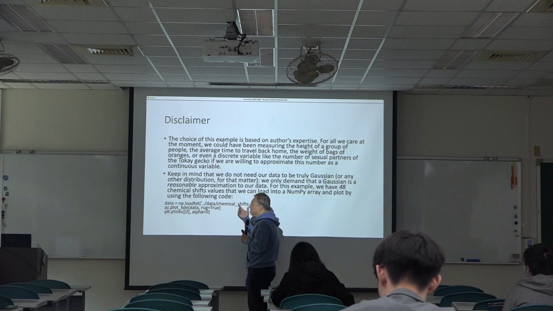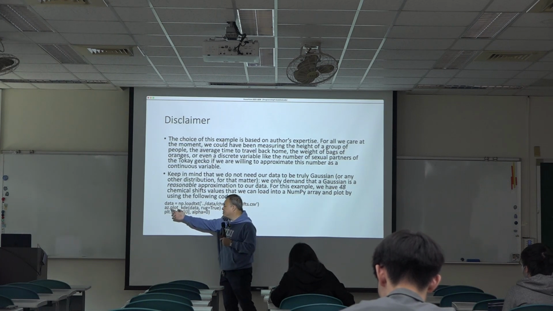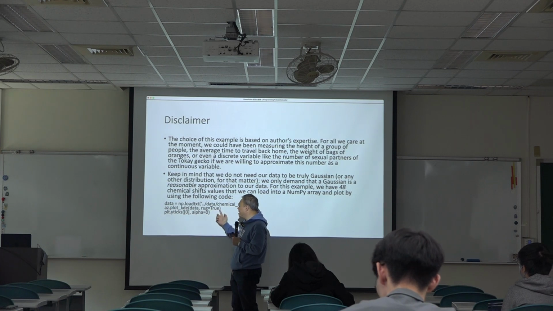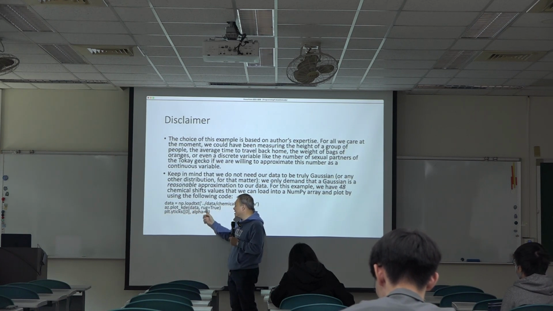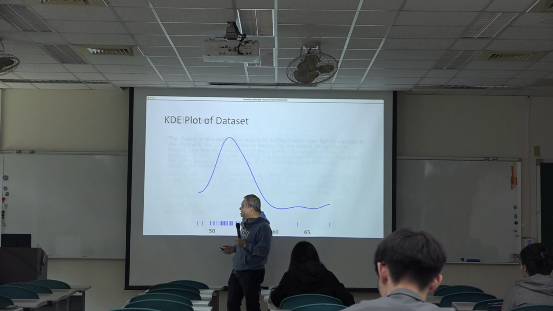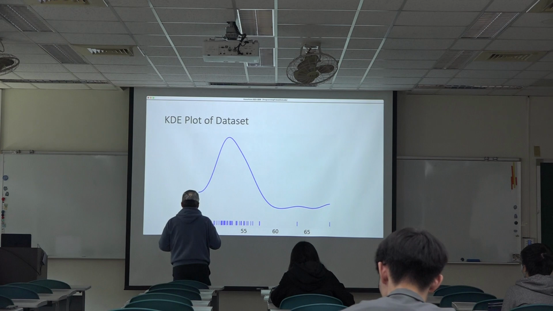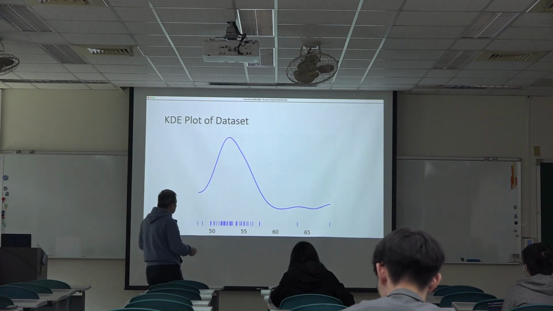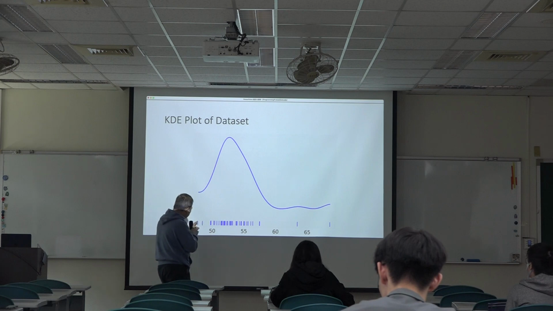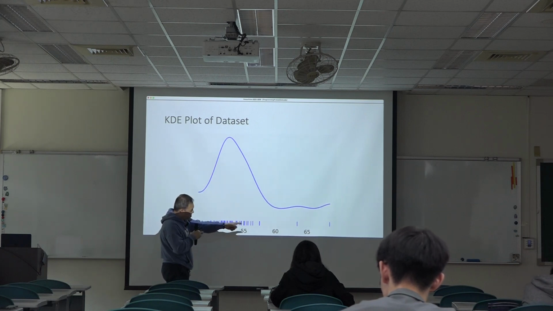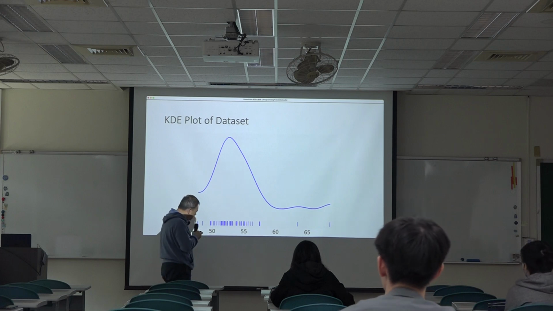Okay, you can use ArviZ's plot KDE to plot this data, and it will look like this. Again, this is the kernel function, and the lower part indicates the values of these 48 samples.